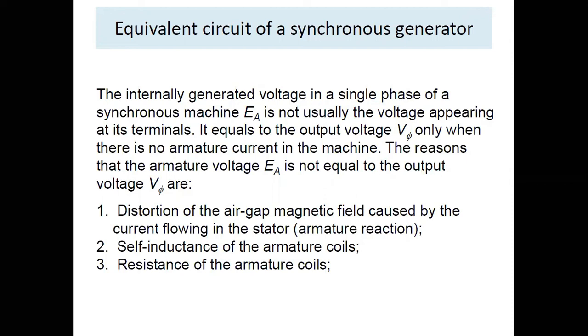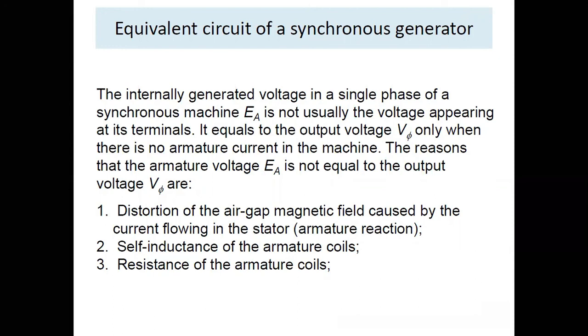There may be a difference in the magnitude of induced EMF and terminal voltage because of distortion of the air gap magnetic field caused by the current flowing in the stator, that is armature reaction, self-inductance of the armature coils, and resistance of the armature coils.